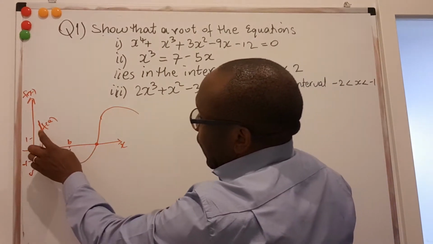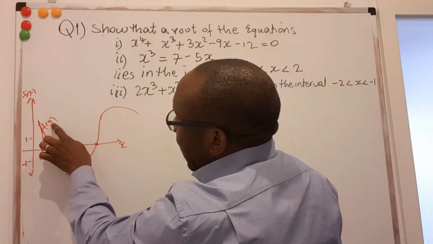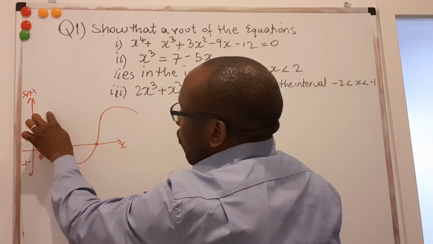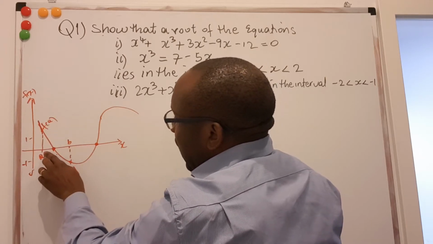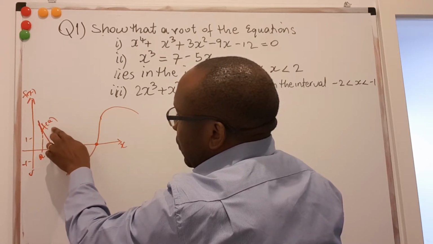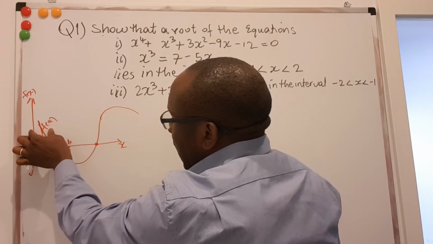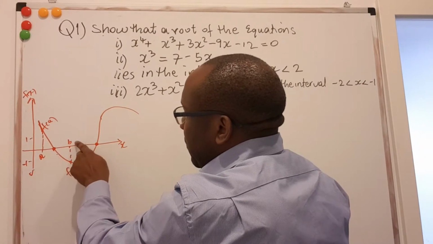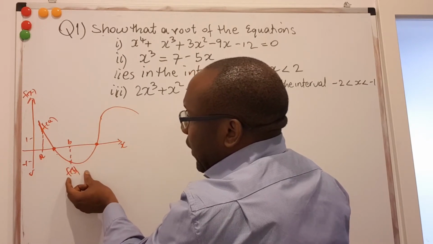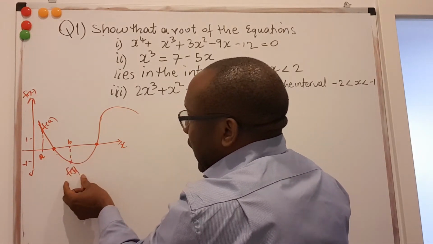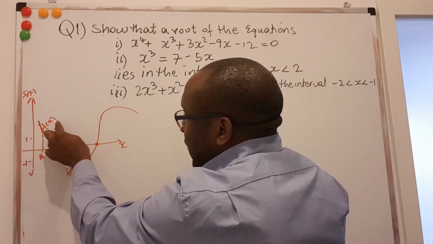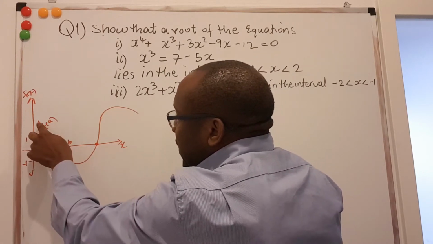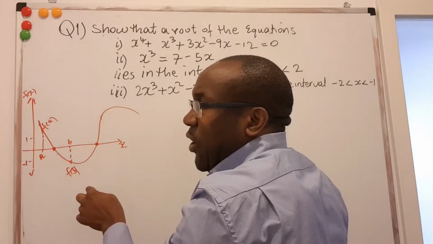So if I get an x value, for example a, and compute the corresponding y value, and I see that it's positive, and I take another x value away from the first one, let me say b, and I compute f of that x value, if I notice that there is a change in sign, it means that the function has crossed the x-axis to the other side.